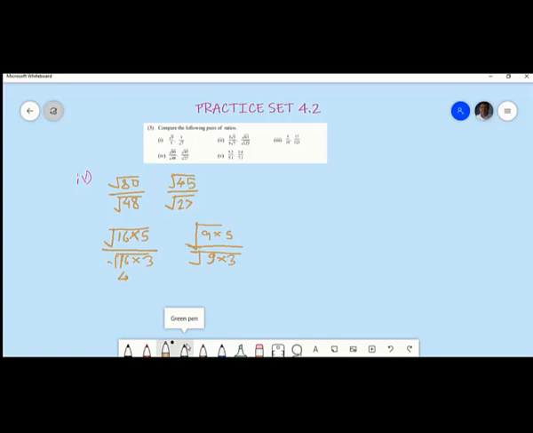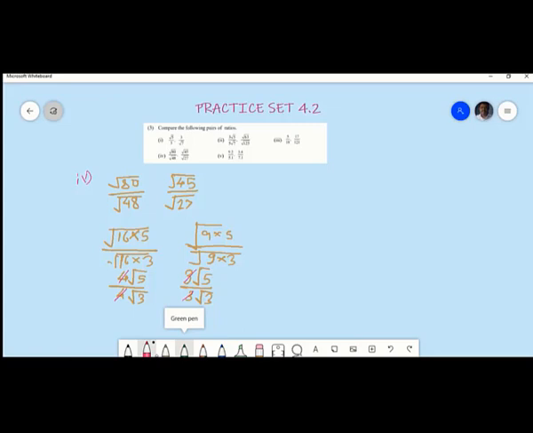So 4 root 5 upon 4 root 3, and root 9's value is 3, so 3 root 5 upon 3 root 3. The 4s get cancelled, the 3s get cancelled.